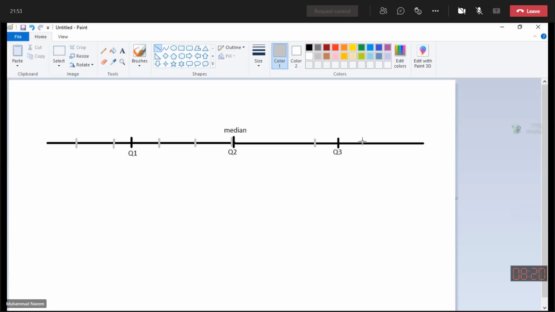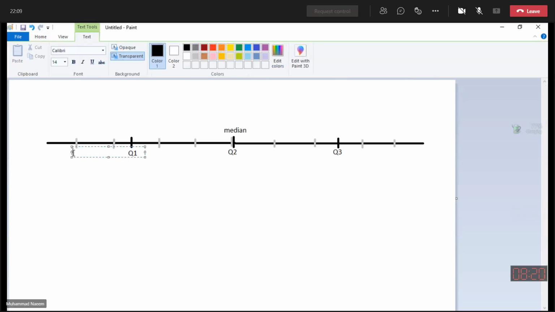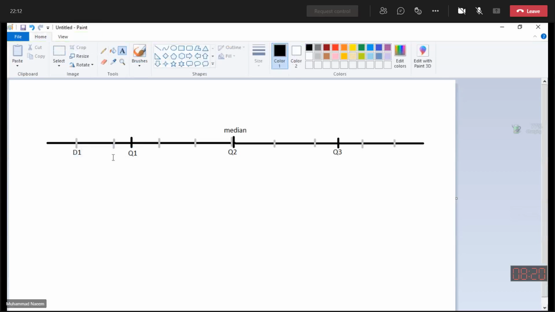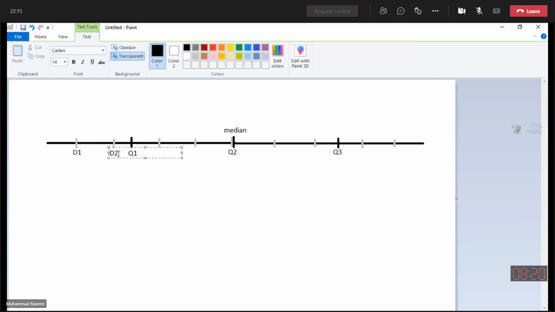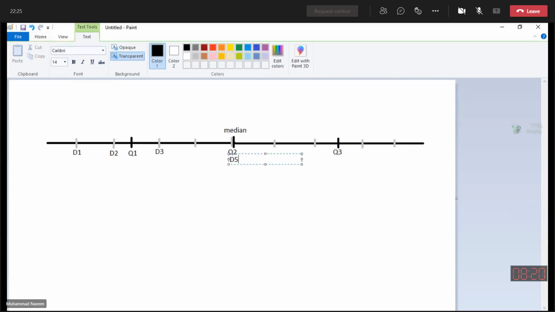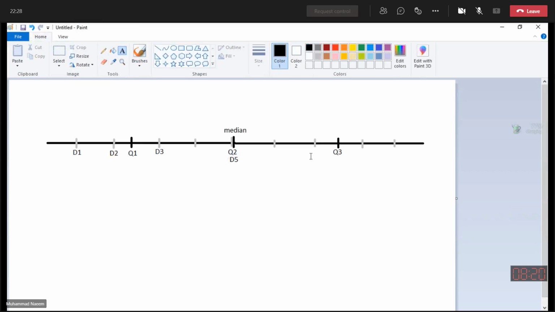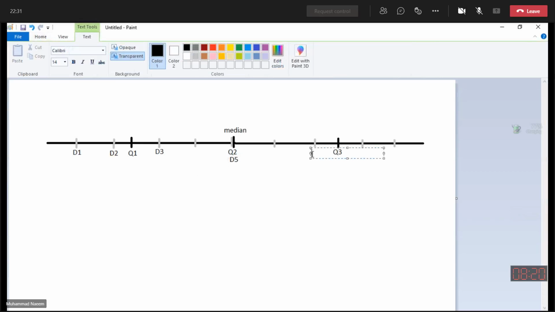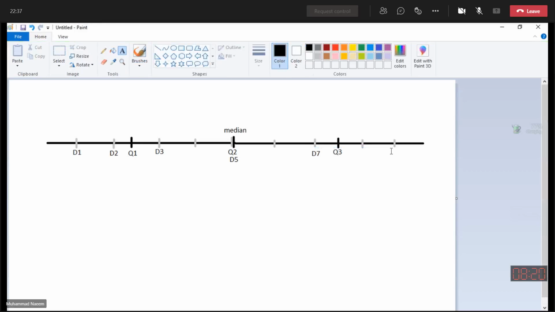Each one is a 10th part of our data, and we denote them by D1, D2, D3, up to D5, D7, and the last one D9.